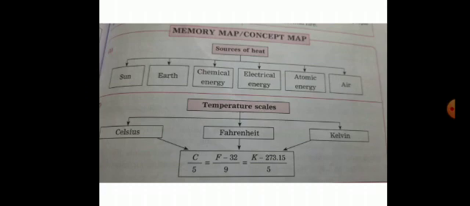Chemical energy is also a source of heat energy. Electrical energy, atomic energy are also sources of heat energy. Air is also a source of heat energy. Then we have seen that Celsius, Fahrenheit and Kelvin are the units of temperature and their conversions are given here.